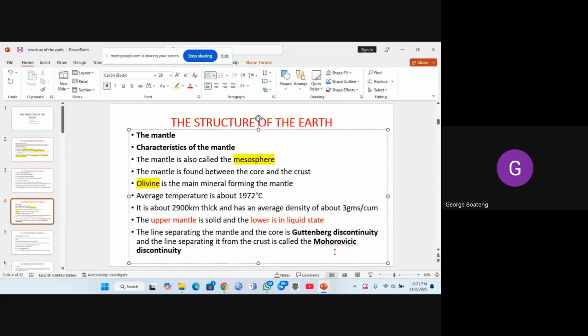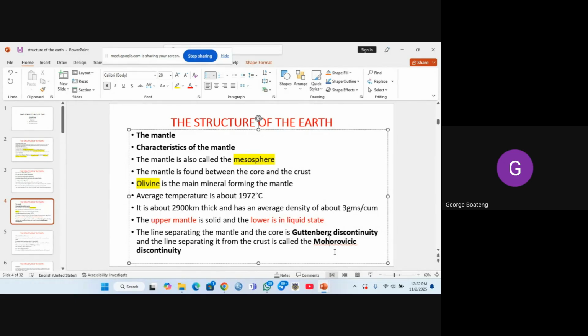The line that separates the mantle from the core. I said the mantle lies in between the core and the crust. So the border between the mantle and the core is termed the Gutenberg discontinuity.